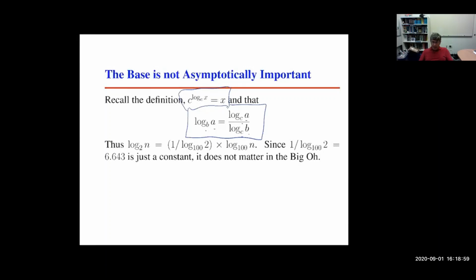But I want to think about what this means. Suppose we rewrite a and call it n, because we know that n is a variable. And maybe this now becomes clearer. What does it mean if we have an expression that says that the log base b of n is the same as the log base c of n divided by the log base c of b? Suppose b was something like 2.